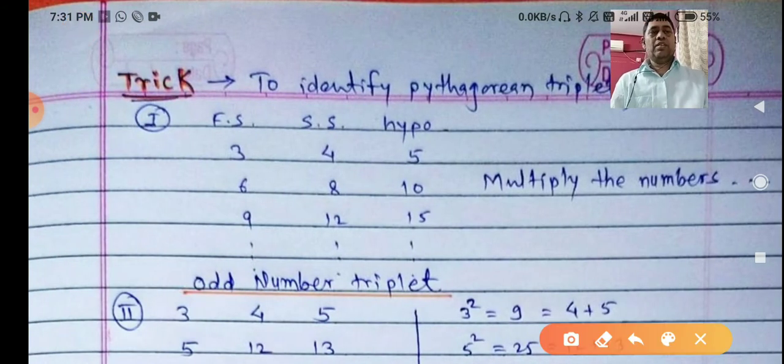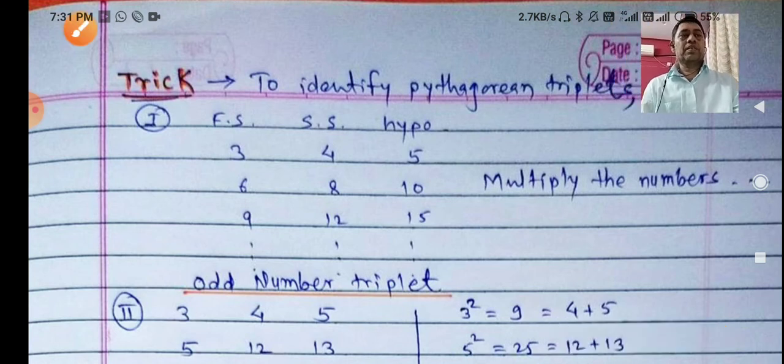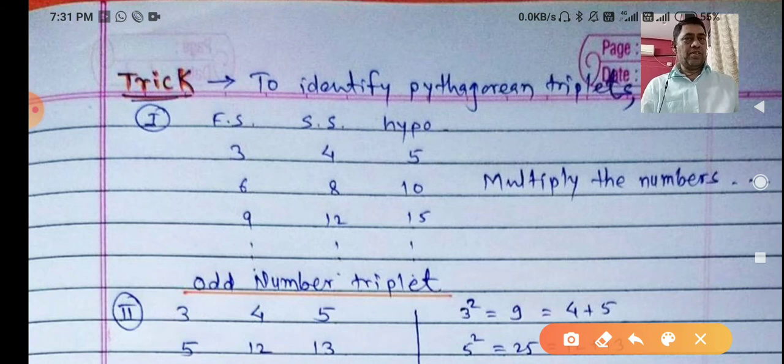Now today we learn some tricks to identify the Pythagorean triplet. The first triplet is 3, 4, 5.